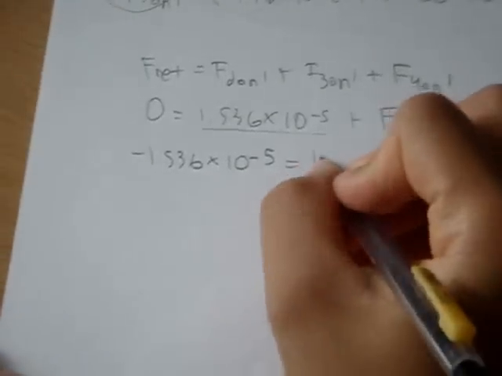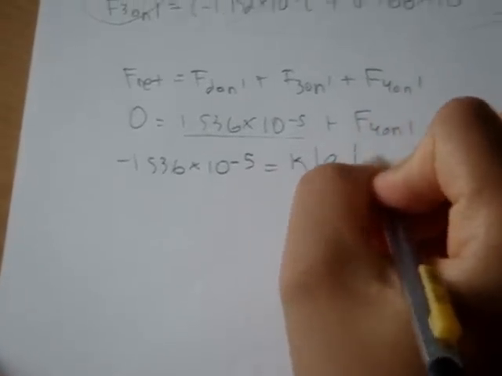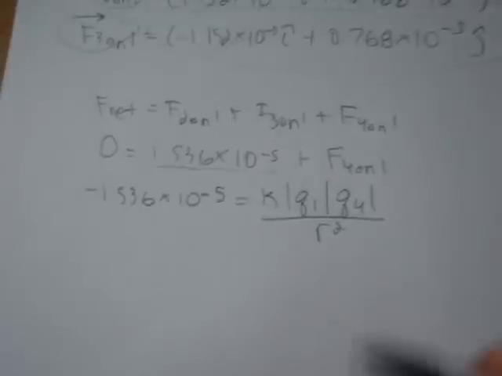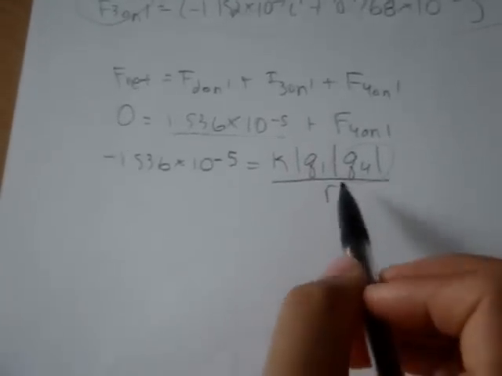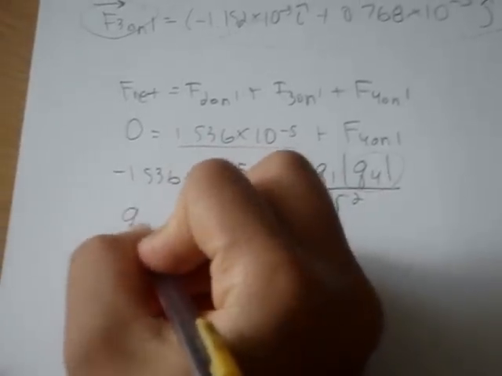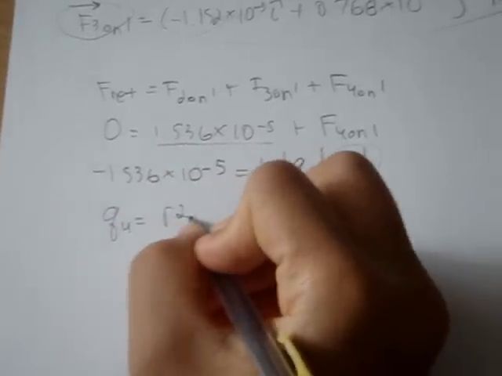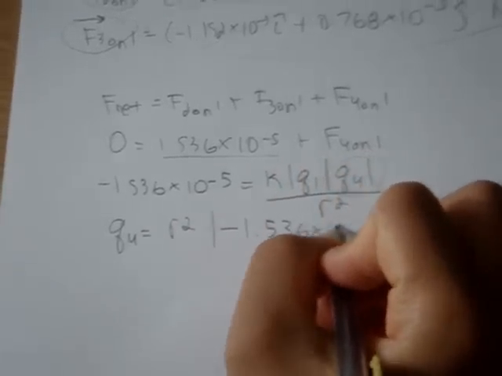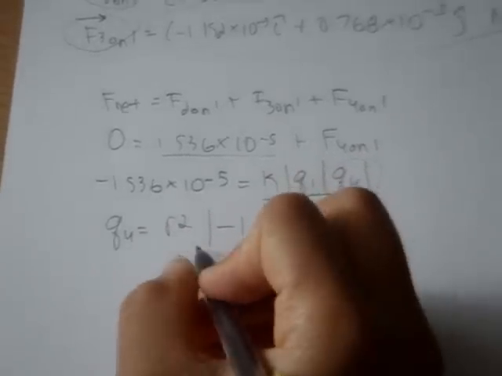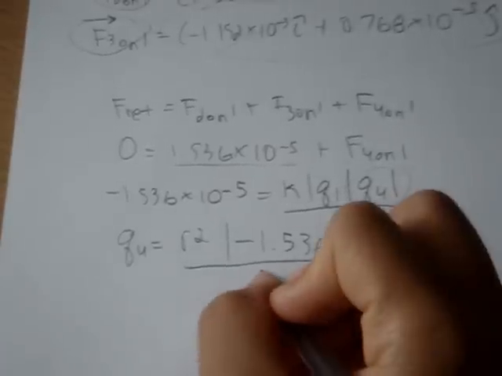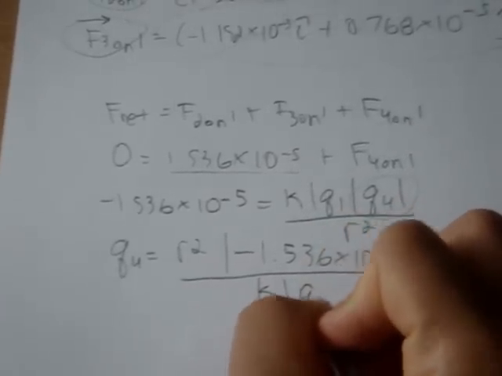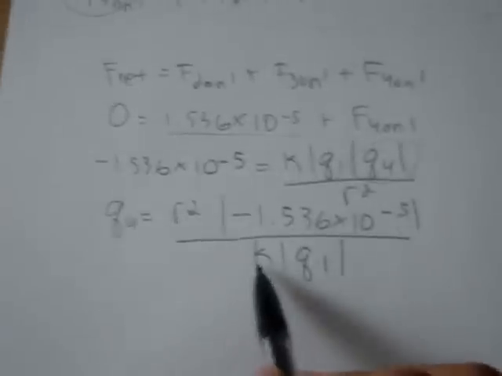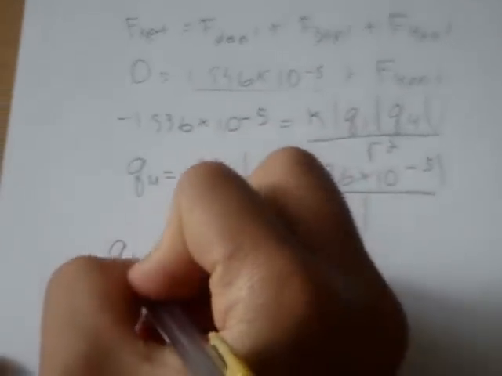And that will be equal to Coulomb's law. And we're trying to solve for Q4 right here, so we can just isolate Q4 on the side and rearrange everything. And then we can plug back in our values for r, k, and Q1.